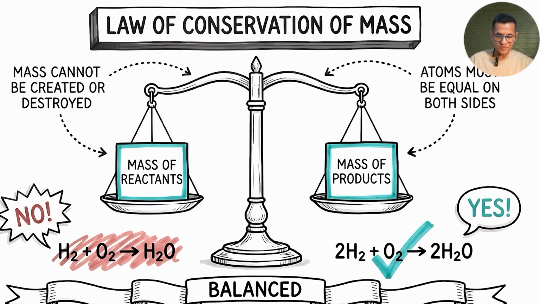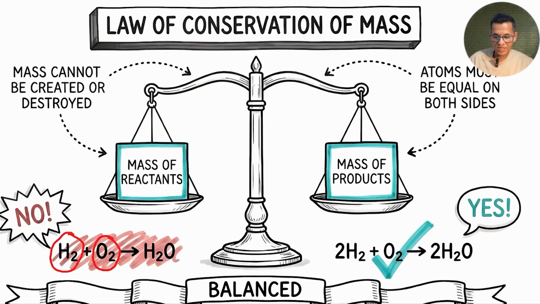For example, on the left hand side here, I have written an unbalanced chemical equation. If I look very carefully, I have 2 atoms of hydrogen and 2 atoms of oxygen. So on the left hand side, I have 2 atoms each of hydrogen and oxygen.